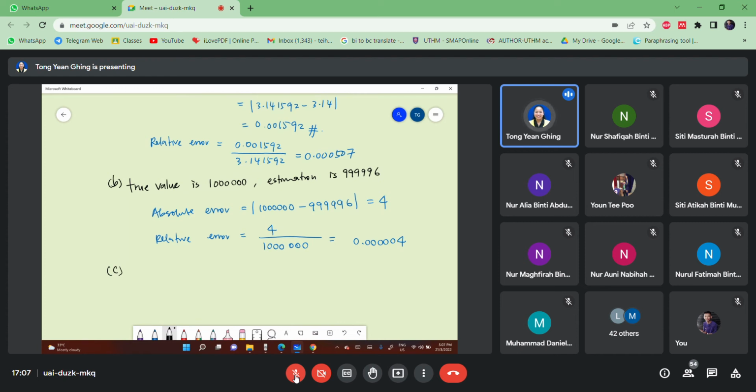The answer obtained from the analytical solution, that is the exact solution, is 3/250,000. And meanwhile, for the numerical method, the answer is 0.000509.